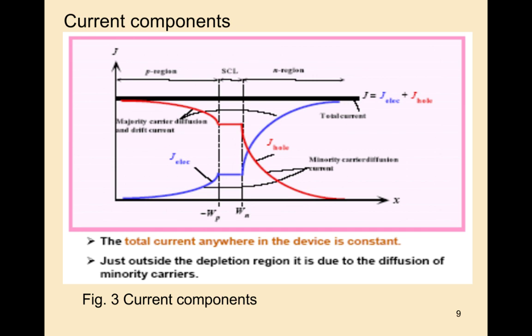J electrons increases just like this. Majority carriers: diffusion and drift current. Minority carriers: diffusion current. These are the current components in a PN junction diode.